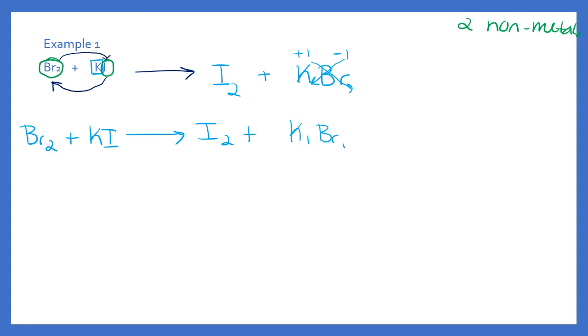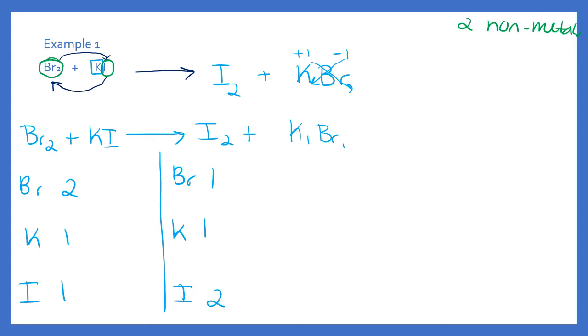So we have swapped, we determined metals, nonmetals, we swapped the 2 of a kind. Then we found the charges, we crisscrossed the charges, and now we need to simplify. We can't because 1 and 1 is as low as you can go. So now we must balance. So we have Br, K, and I on each side. Br is 2, K and I are 1, and on the product side Br is 1, K is 1, I is 2.